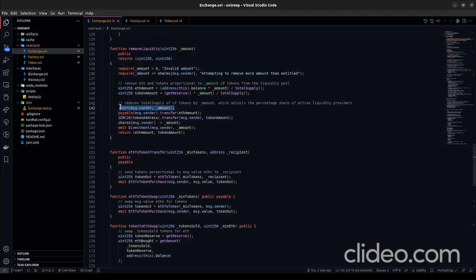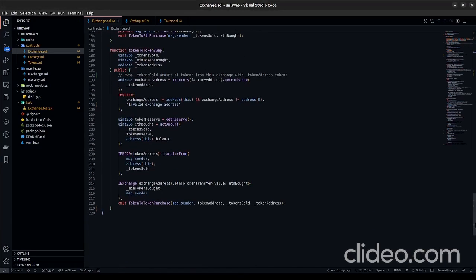We burn those many LP tokens, and this updates the share percentage of the existing liquidity providers. Then we update our mapping and we transfer the ETH and the exchange tokens to the liquidity provider who is requesting to remove liquidity.